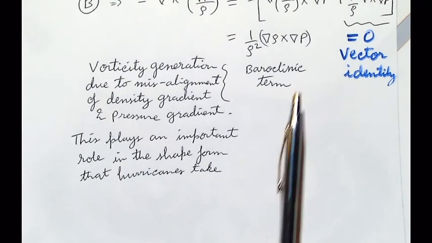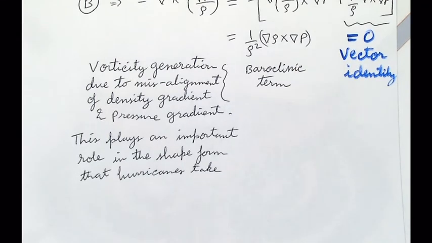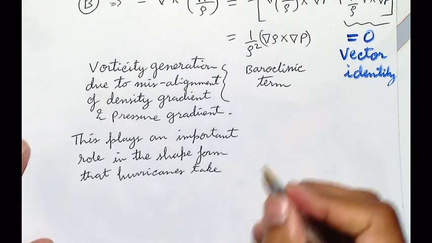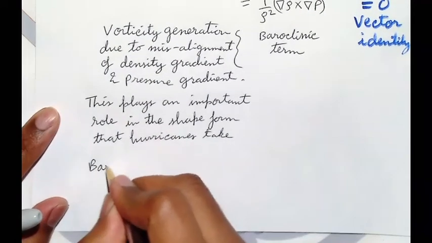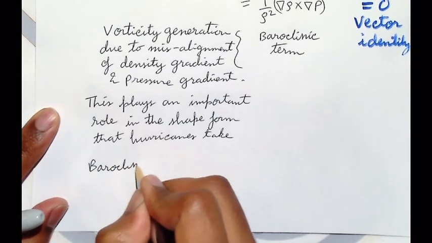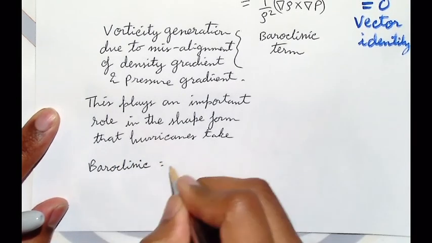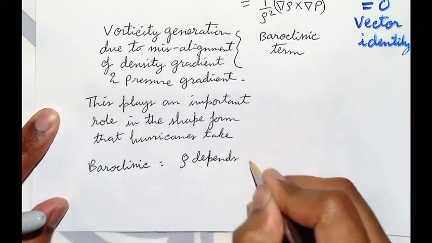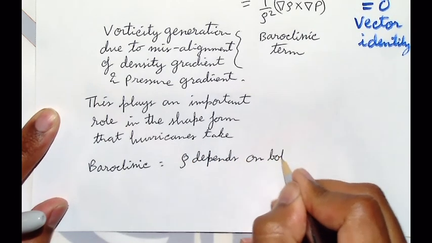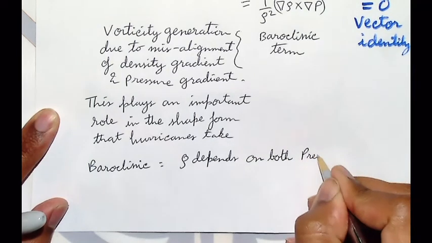Okay? This difference in gradient can happen if rho depends on both pressure and temperature.